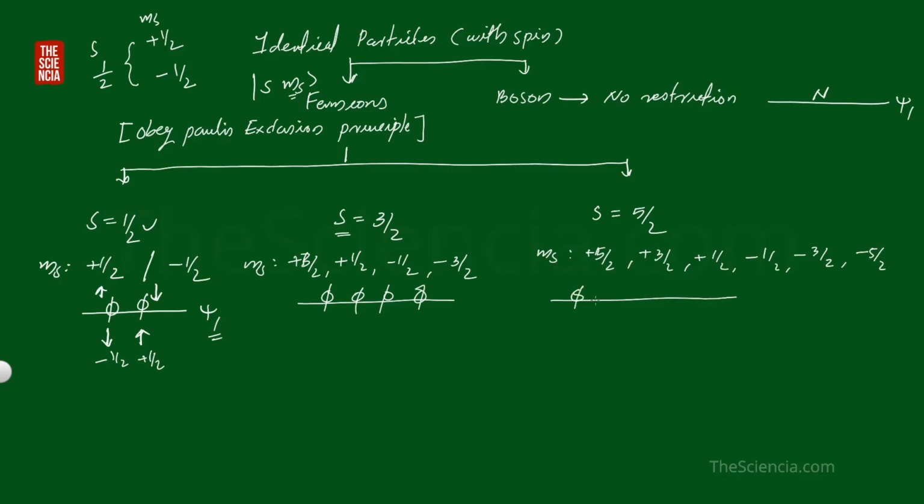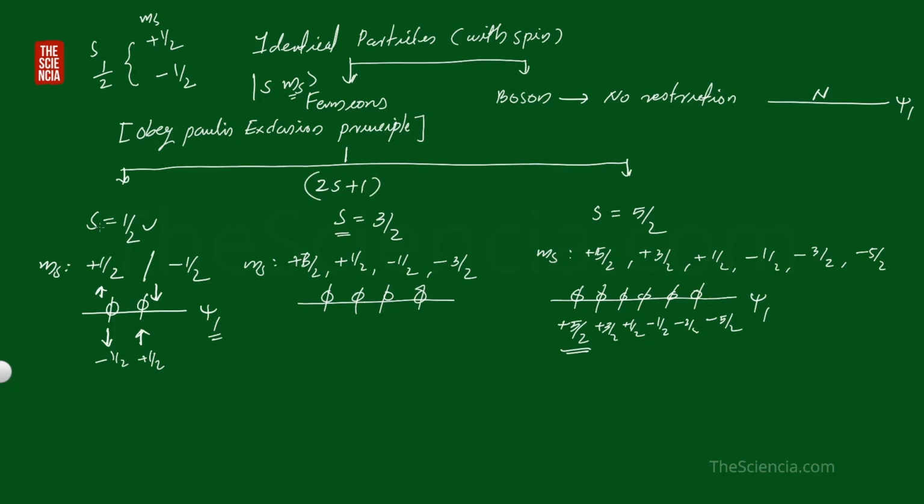So a total of 6 particles can occupy this state. That means if one of the particles is in the plus 5 by 2 orientation, another should be in plus 3 by 2, another in plus 1 by 2, another in minus 1 by 2, another in minus 3 by 2, and the last one in minus 5 by 2. Okay, so if one more particle comes with the same spin, it cannot occupy the same state. It will go to another state, right? And the multiplicity of states is given by a general expression, that is 2s plus 1.